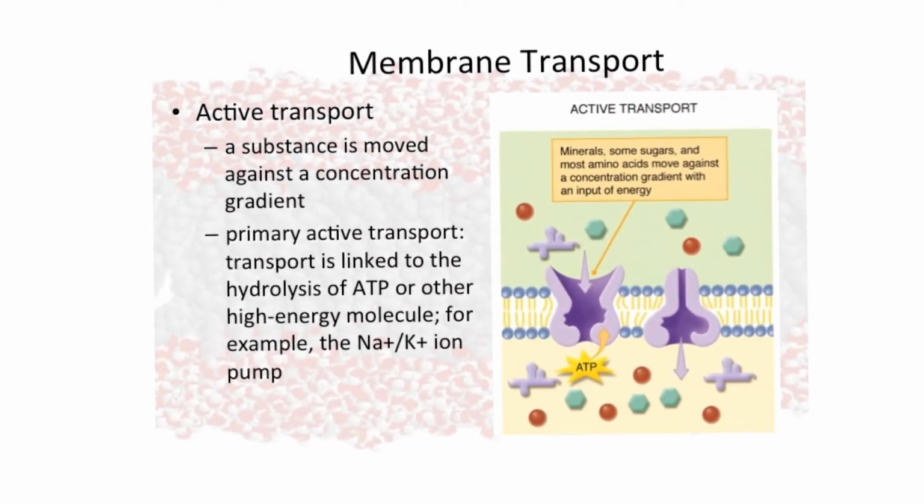Whereas active transport is moved against the concentration gradient. For example, we're going to talk about the sodium potassium transport in just a moment. This is just a little cartoon to show how it's going against the gradient in order to get more of the minerals across from one side to the other. Almost always, in this instance, we're talking about the hydrolysis of ATP.